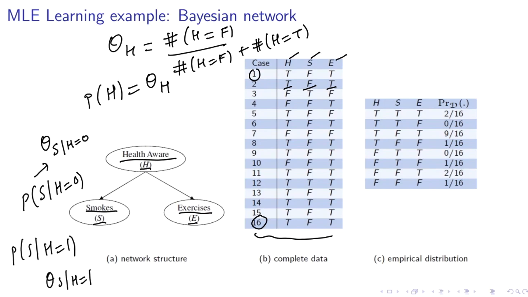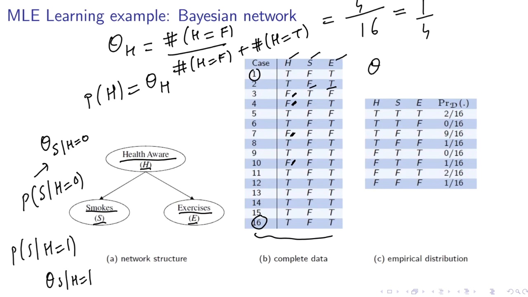Okay, so all I have to do is count the number of times h is equal to false, because we know that the denominator is 16. So let's count. We have h equals false once, twice, thrice, and 4 times. Okay, so h is equal to false 4 times out of 16, so the probability is 1 over 4.